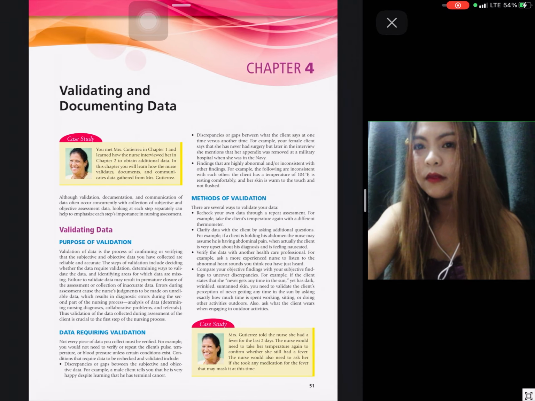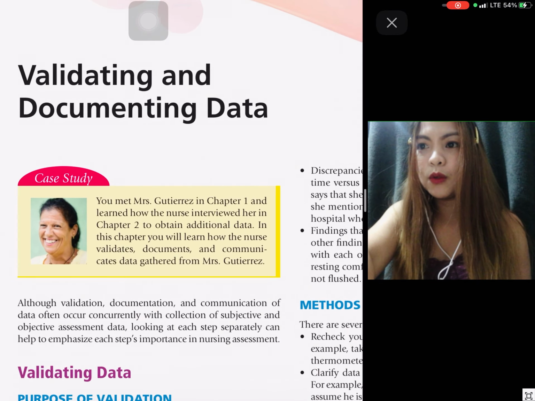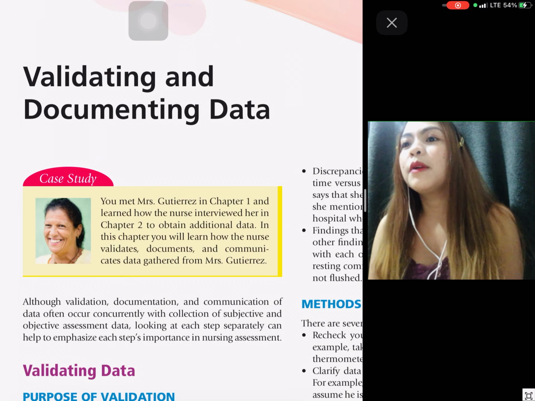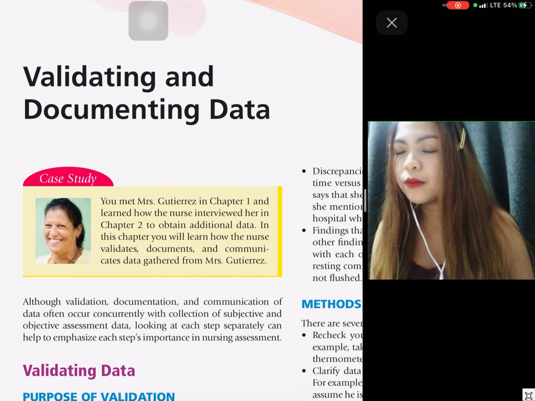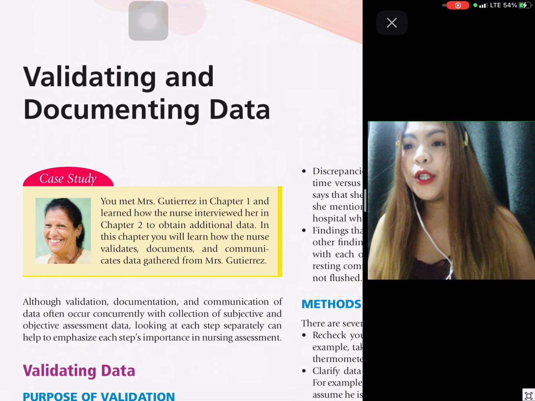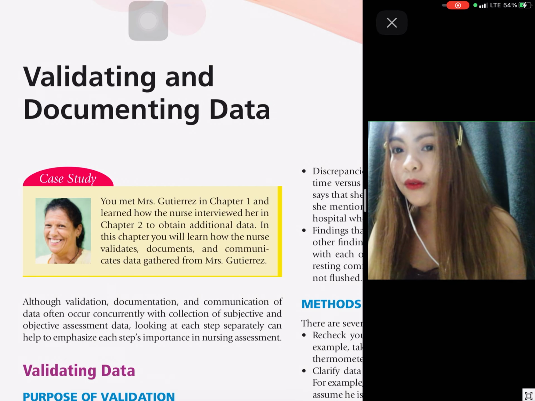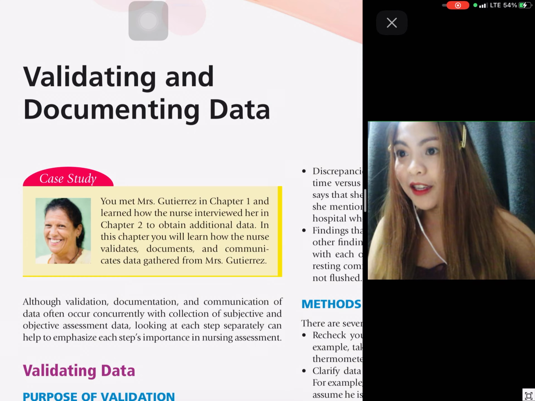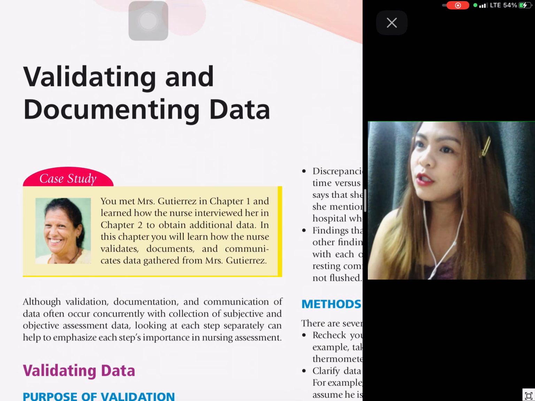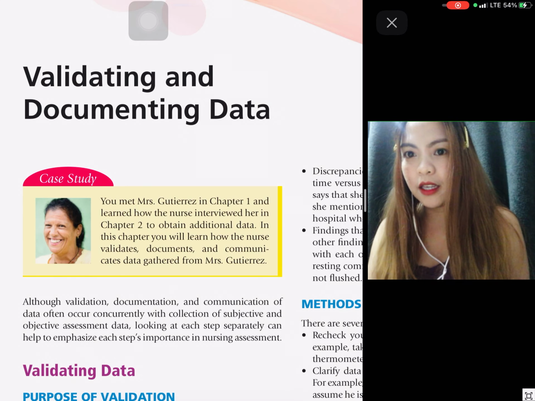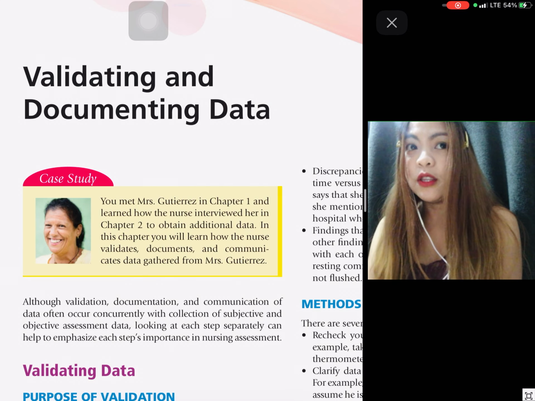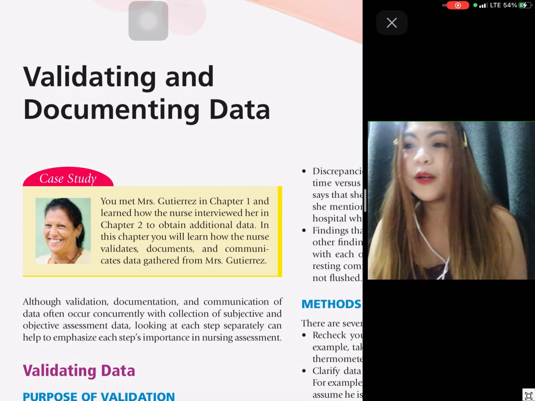First, we will go to validating and documenting data. As we go, we will learn about it. Okay, you remember Mrs. Gutierrez that we had before? So here we go again. You met Mrs. Gutierrez in chapter 1 and learned how to interview her. In chapter 2, we obtained all the additional data that we need.